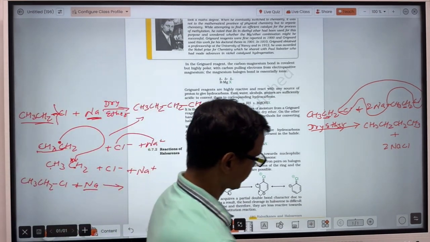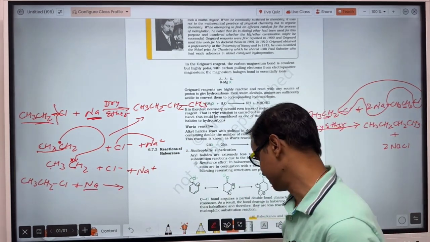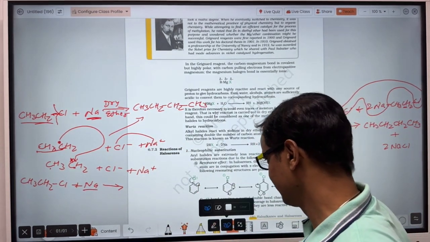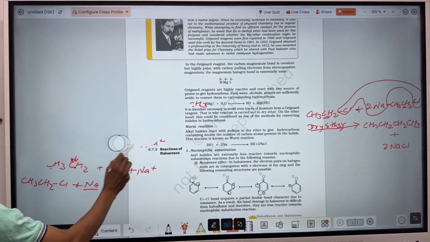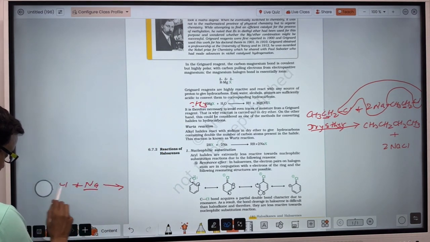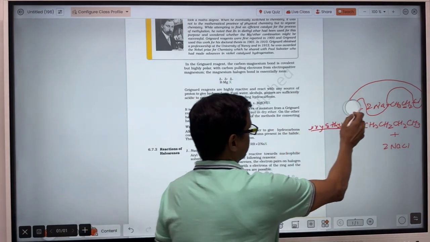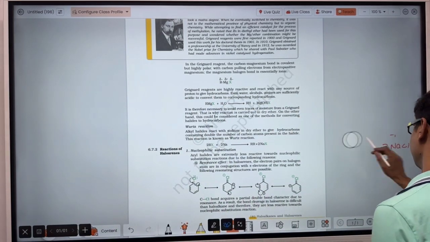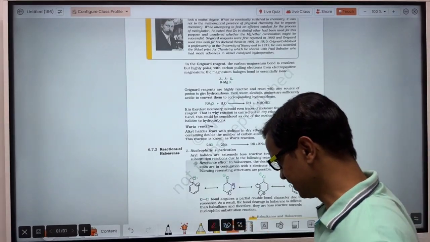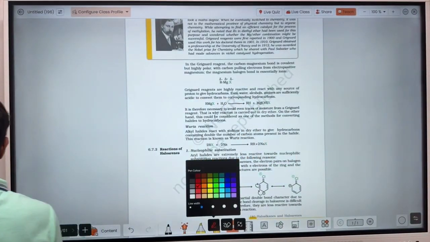Okay. Then let's see another reaction. Let's see what was actually the question asked in NEET. In the NEET examination, the question was which of them will be the product. Just one question I am teaching you here, which has been asked in the NEET examination.